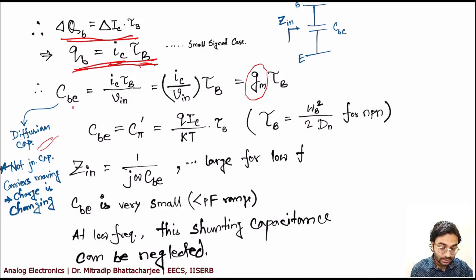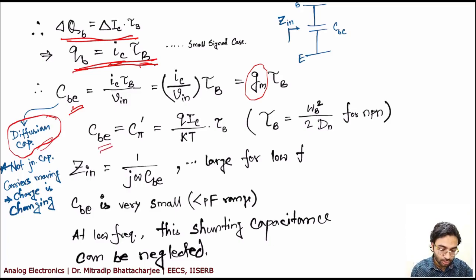But in this case, this is your diffusion capacitance, the capacitance generated due to the carriers moving. You know, when carriers are moving, there is a change in the charge. Because of that, we are getting this diffusion capacitance. This is not junction capacitance.